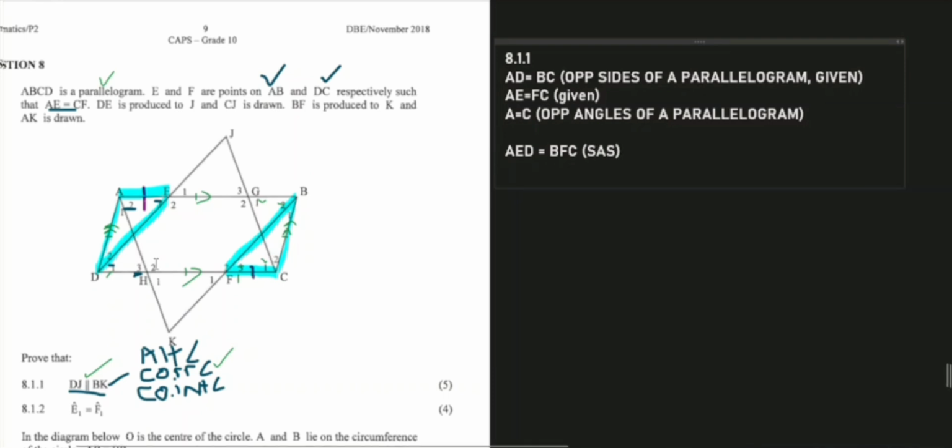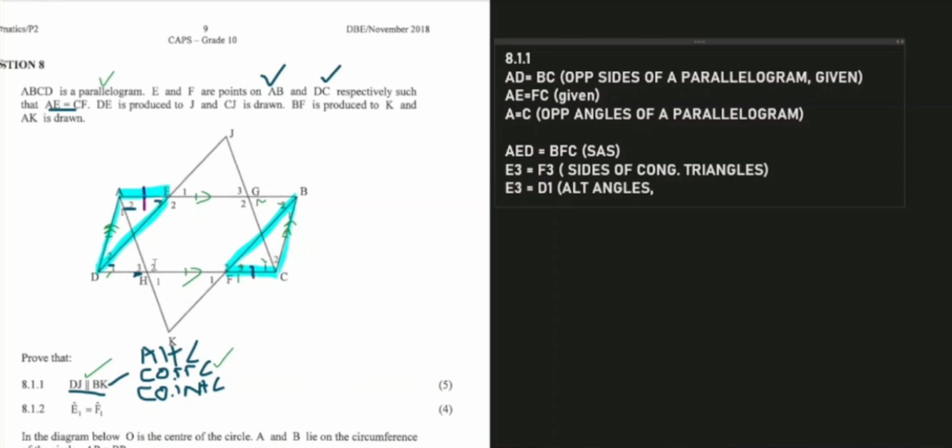Angle E3 is equal to angle F3. Reason being it's sides of congruent triangles. Right. And then you have to also say that E3 is equal to D1. Reason being alternate angles. And then you have to also say which lines are parallel.